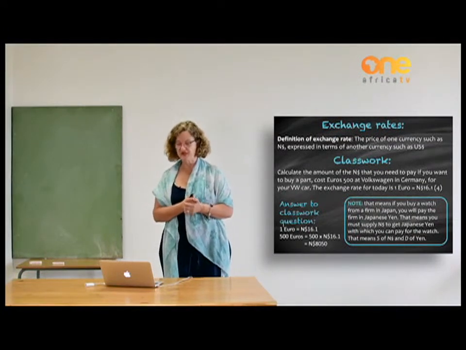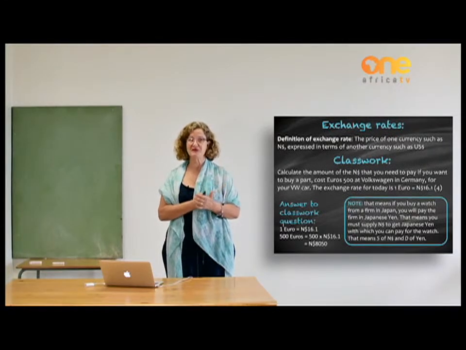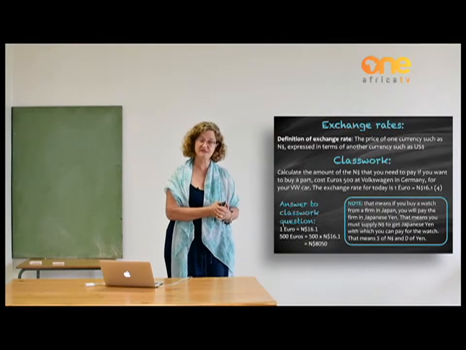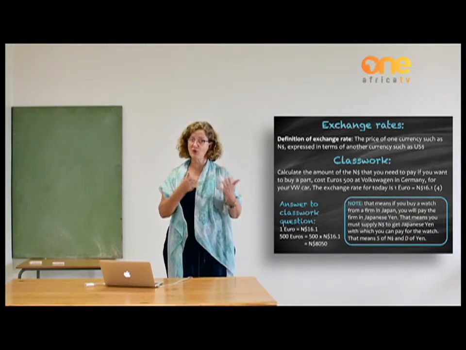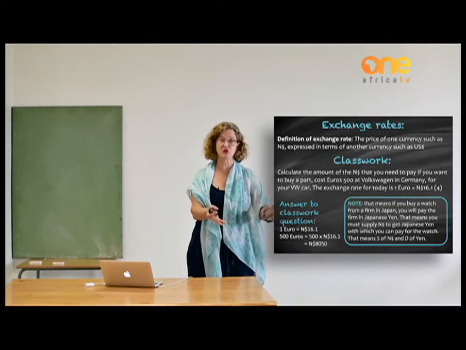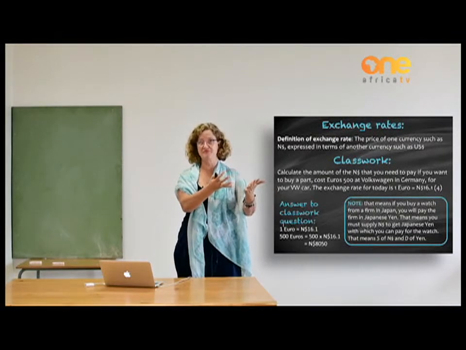It is very important that you realize that if you buy from Germany, you must pay them in their own currency. So if I buy from Britain, I must pay them in pounds. So how will I pay them in pounds? I must offer Namibian dollars on the money market, get pounds, and then pay them.